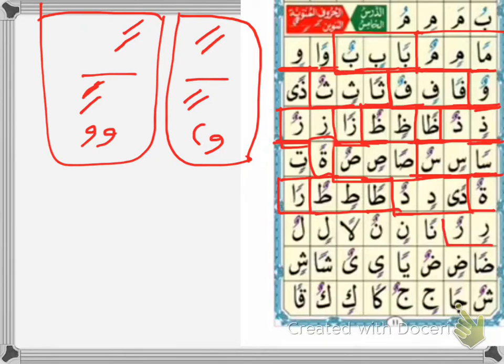فتحتين رن. را كسرتين رن. را ضمتين رن. Run, rin, run. As you see here, there is an alif after the tanween. We do not pronounce the alif, it's just always after the tanween.